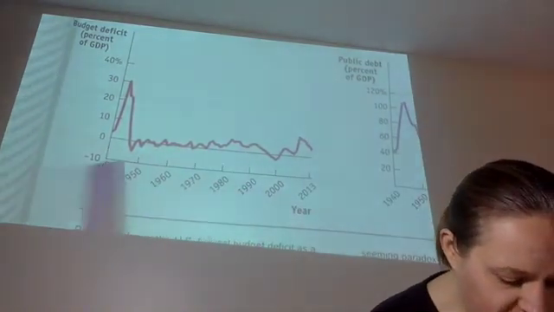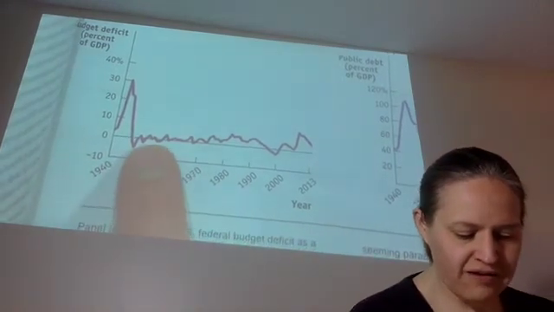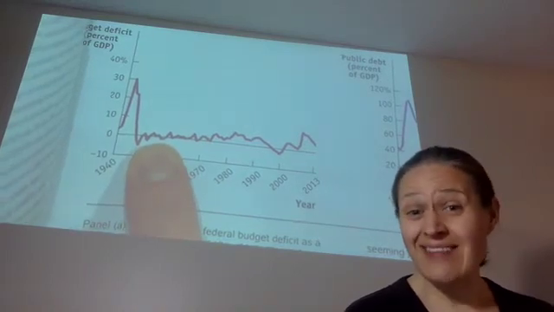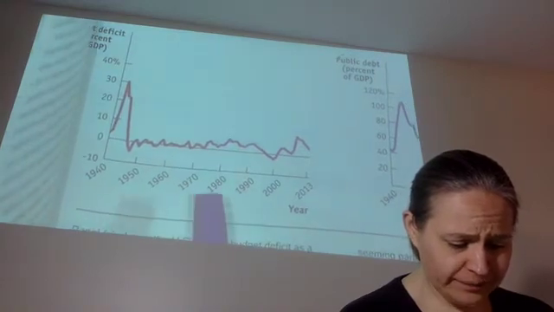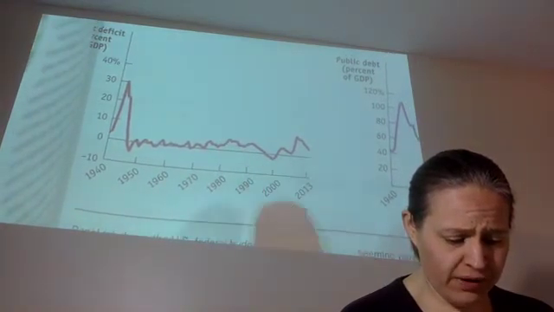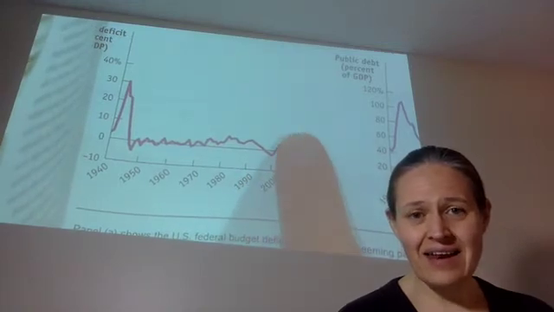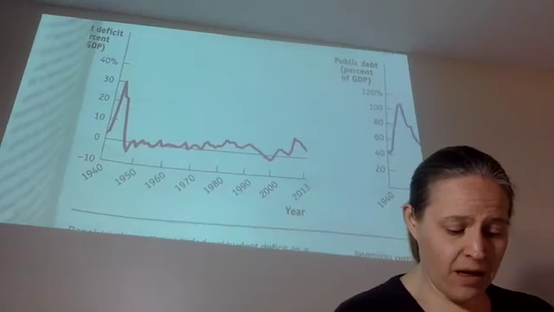During the 50s and 60s, they would often go below zero, meaning that they were spending less than they made. But since about 1970, that only happened very briefly, once in the late 90s. And since then, we've been doing a lot of deficit spending.